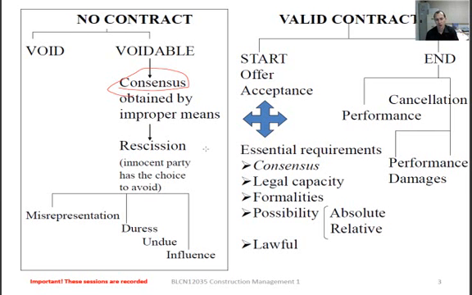That would be improper means. In that case, the innocent party has the choice to go back. Rescission means the unmaking of the contract in terms of Australian law.